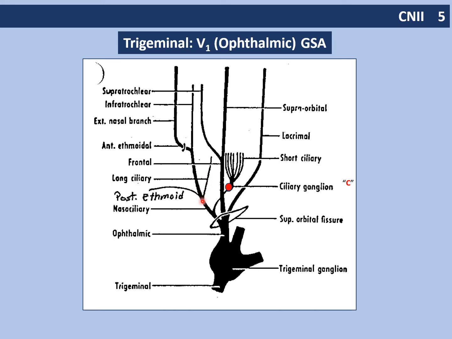Recall from the previous slide that the long ciliary nerve distributes the sympathetics that originated in the IMLCC, and those preganglionic sympathetic fibers ascended in the sympathetic chain to the superior cervical ganglia, and then postganglionic sympathetics accompanied the internal carotid artery until it got near the orbit, where those branches then get to the eye via the long ciliary nerve.